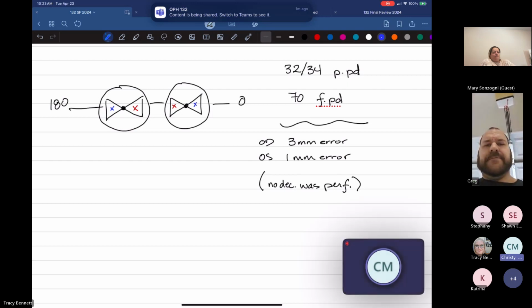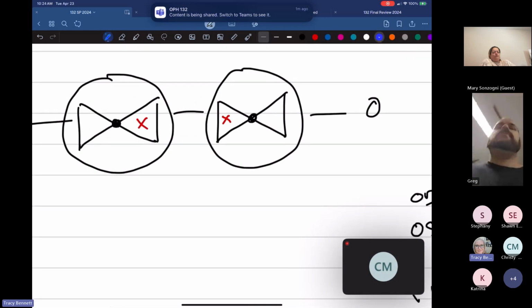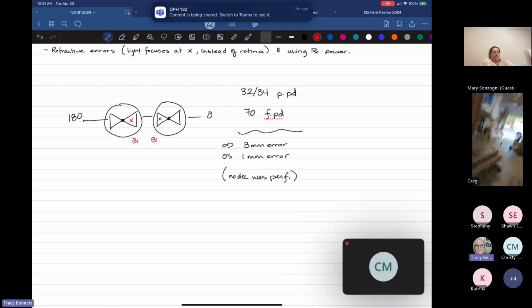So the eyes are in. Correct. Yes, because the frame PD is out, but the eyes are in. So they are actually experiencing this, which is base in and base in.